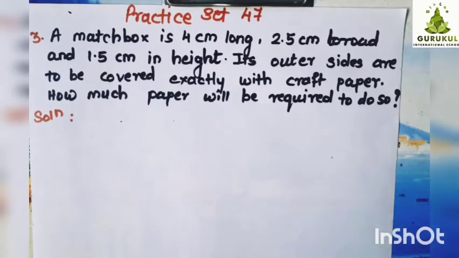Now if you find out the total surface area of the matchbox, that total surface area will be equal to the area of the craft paper required. So let us solve. As usual we have to find out the total surface area of the matchbox.